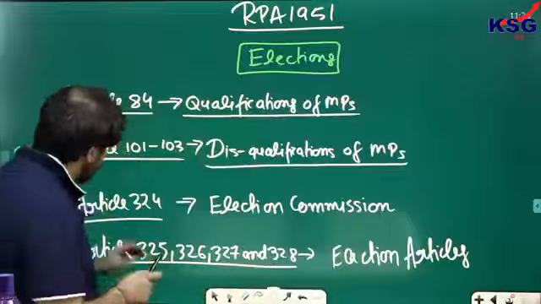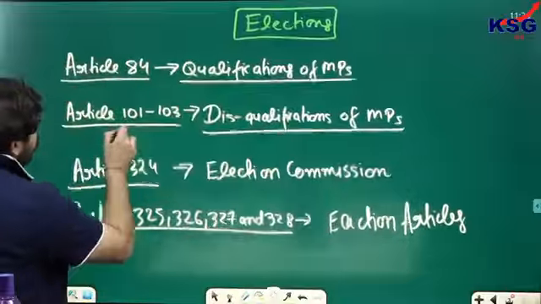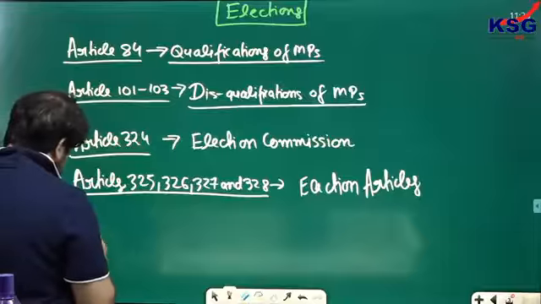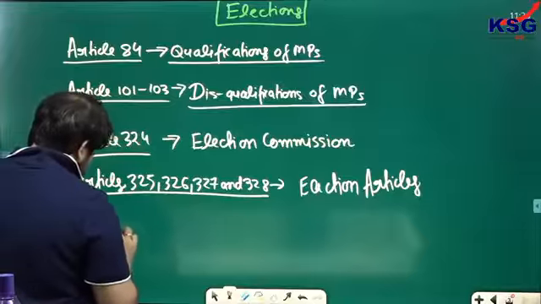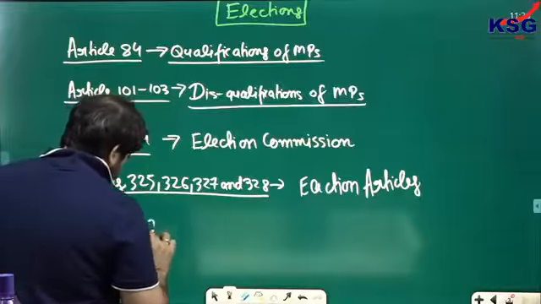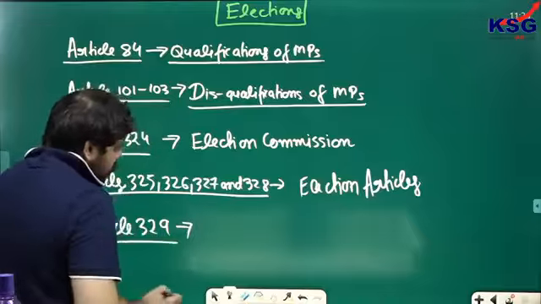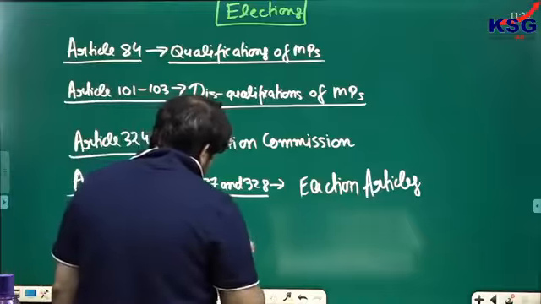Okay. And then we have Article 329, which is about election petitions.